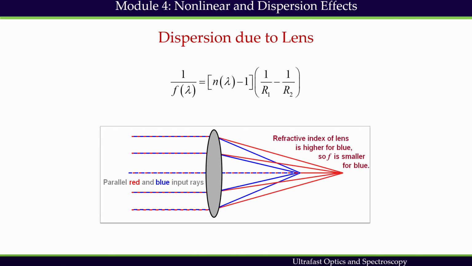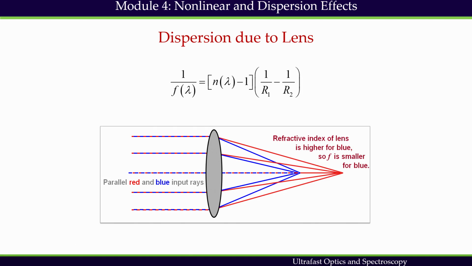In the thin lens, any incident ray traveling parallel to the principal axis will refract through the lens and travel through the focal point on the opposite side of the lens.